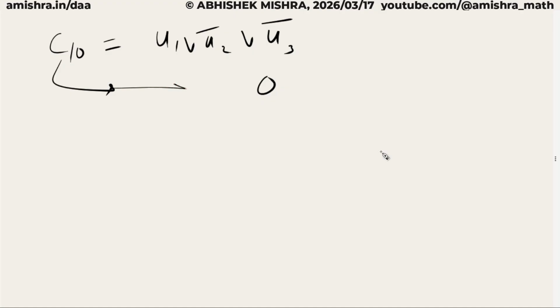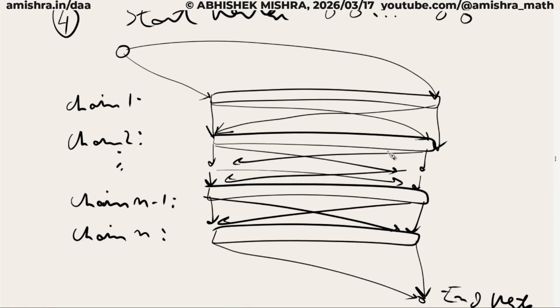So suppose this is our clause C10: U1 or not U2 or not U3. Now how to connect? Corresponding to C10 we have a vertex. This is the vertex. And for variables U1, U2 and U3 we have chains with links.